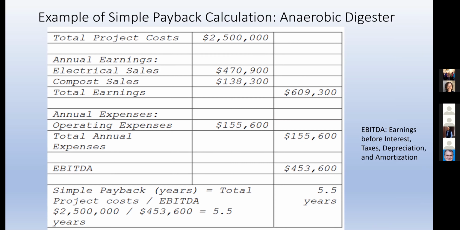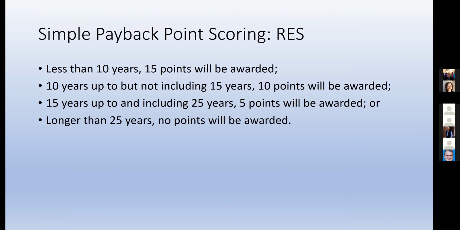So you need to indicate how long it will take, and it will be scored on this payback in terms of profitability. So that simple payback point scoring, you're scored on your project.